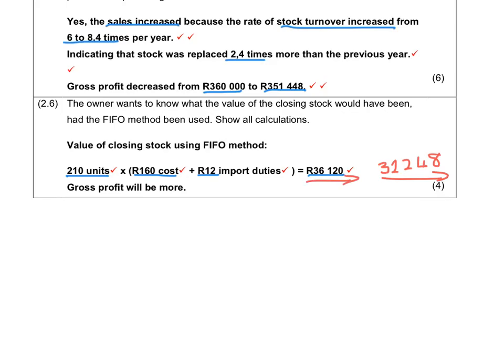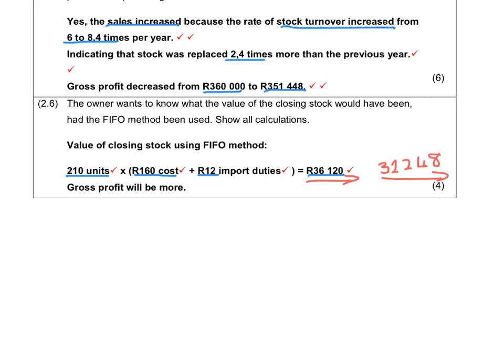Now, why is there such a big difference? In the first in, first out method, you will see that as we purchase goods, the price of the purchases increased every time. So what did we do here? We sold the cheap ones that we bought in the beginning, then the second lot that was a little bit more expensive, then the third lot that was a little bit more expensive.